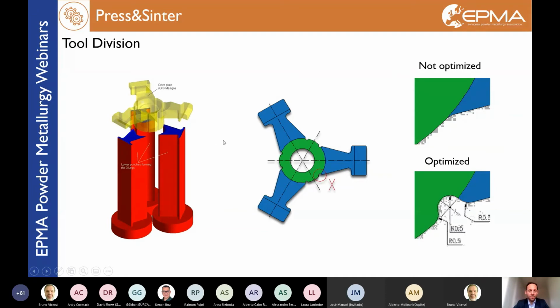This example shows a customer pad with two levels. As you can see, a longer inner hub and three vanes built from a second punch, the blue one. This was the initial customer design, means the inner one is the green punch and the blue one is the outer punch. This is way too thin for a punch geometry.